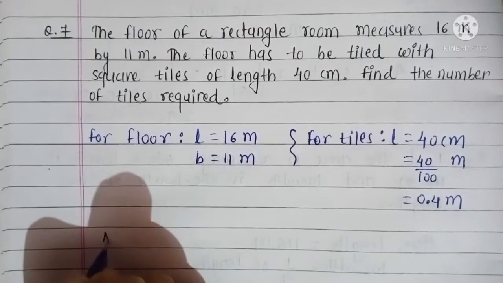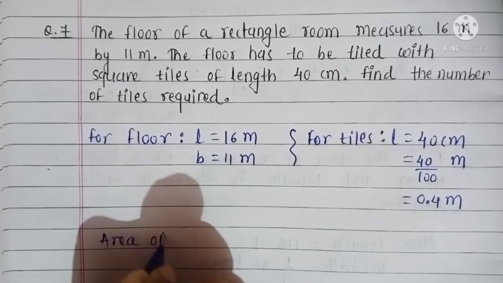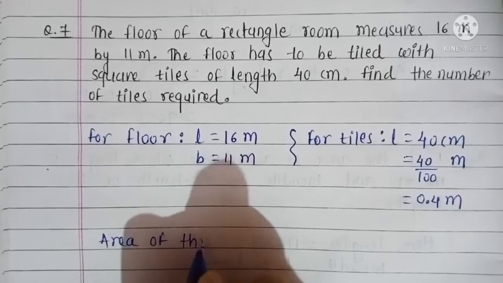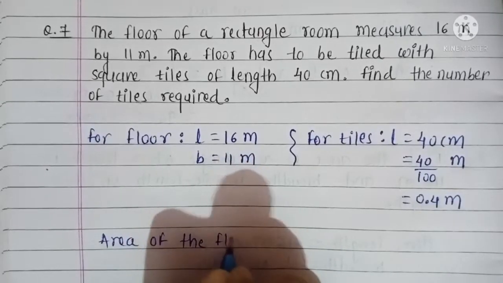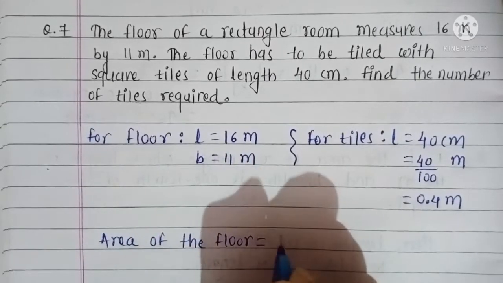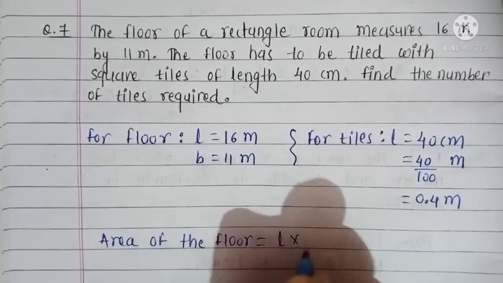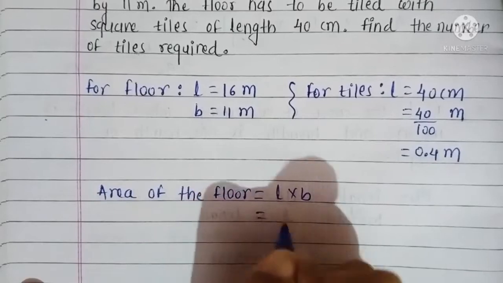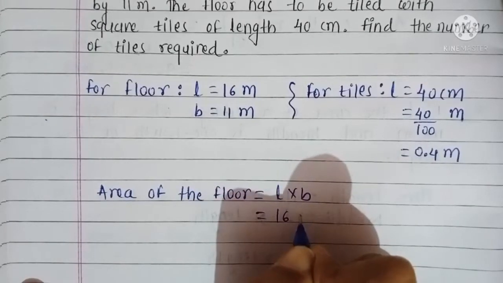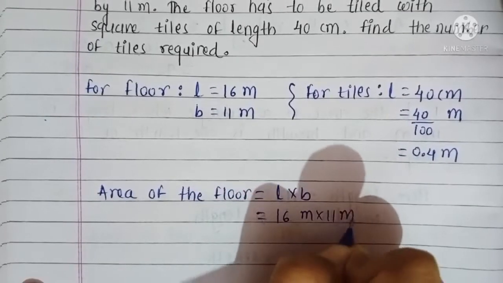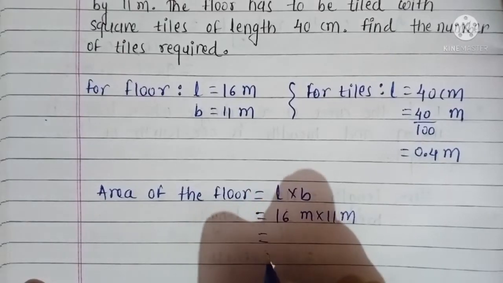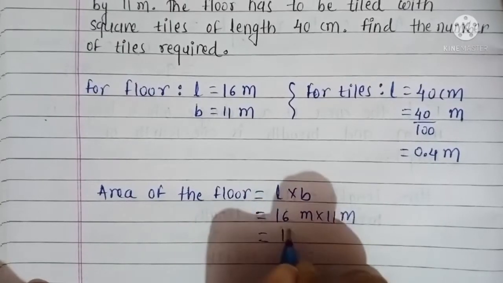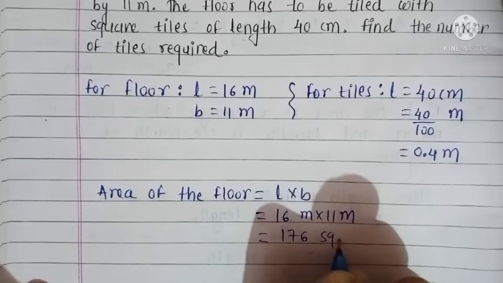Now we find the area of the floor, which is equal to length multiplied by breadth. This is equal to 16 meter multiplied by 11 meter. On multiplying, we get answer 176 square meter.